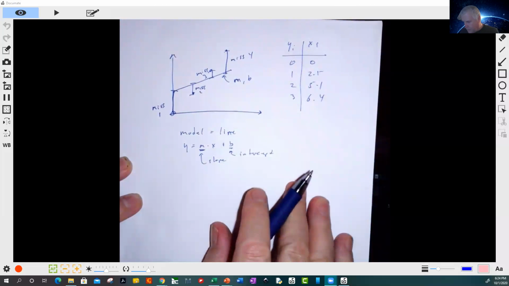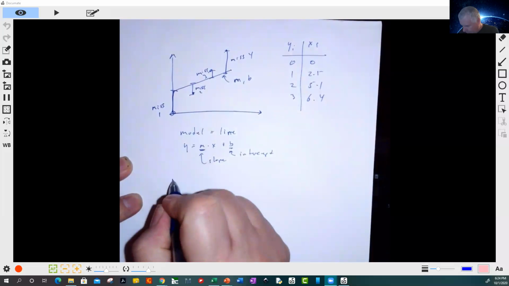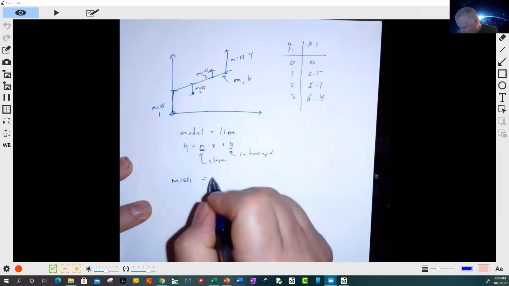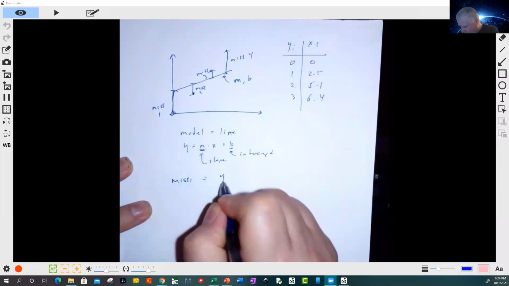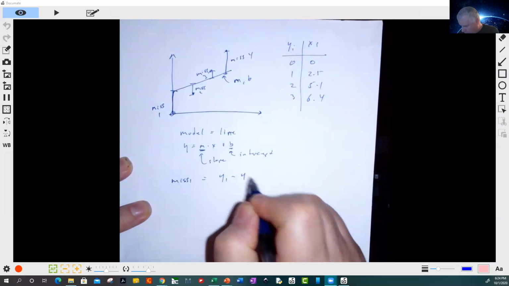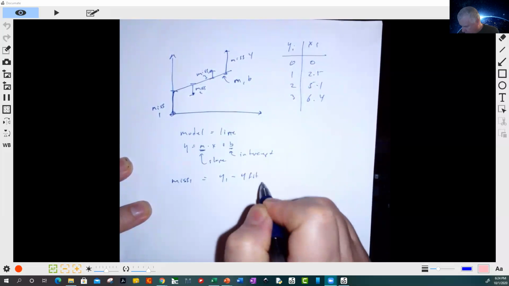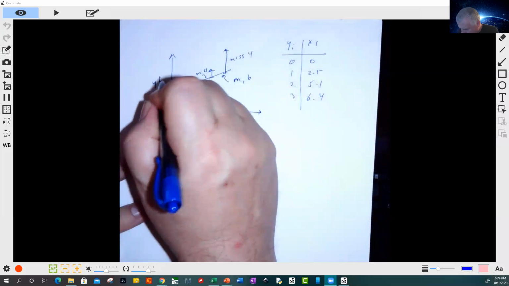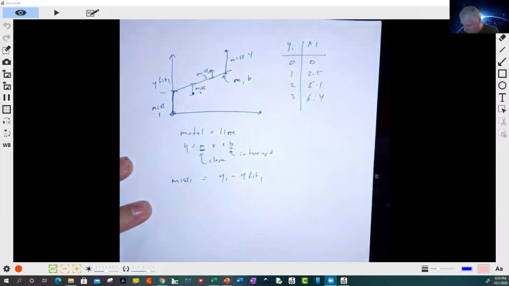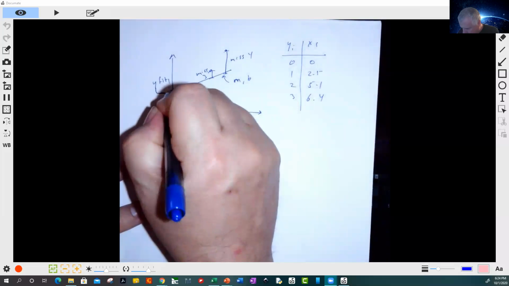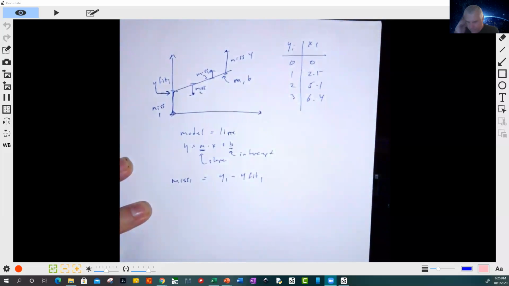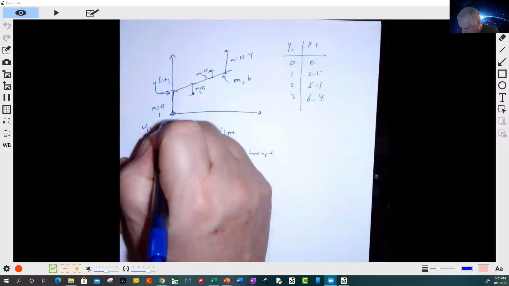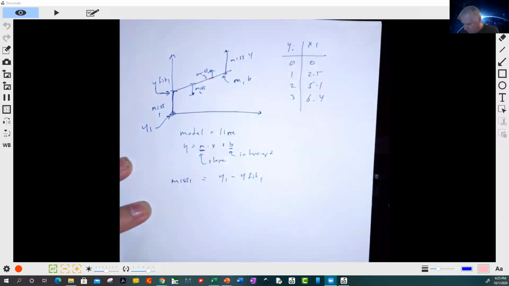And mathematically, miss 1 is equal to y1 minus y fit 1, right? This is y fit 1, the value right there. And this is y1 right there.